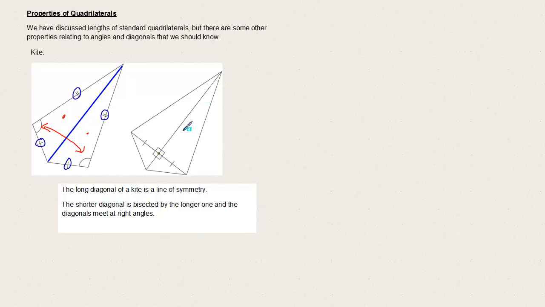The long diagonal is not bisected by the short one, but the short one is bisected by the long one. So the distance from this vertex to the center, just shown here, is the same as the distance from this vertex to the center, and the diagonals also cross at right angles.